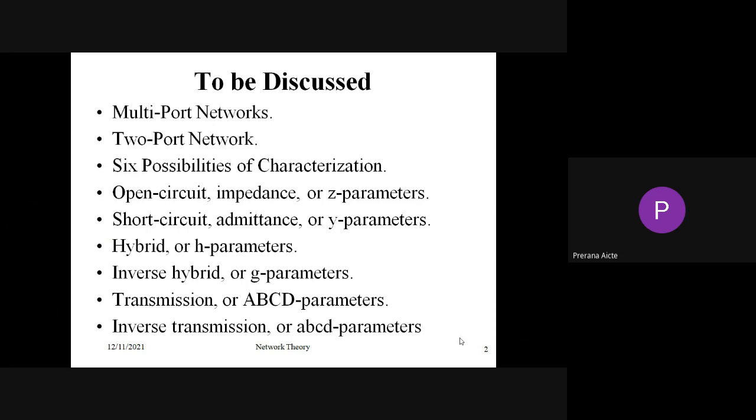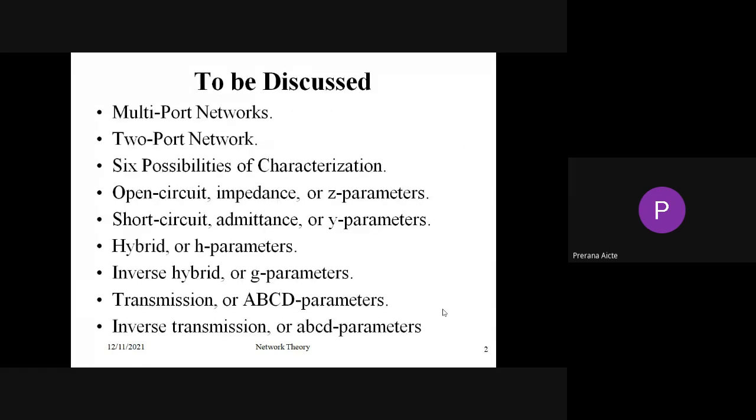So we have discussed two parameters now. Another one is hybrid or H parameters. H stands for hybrid; you can pronounce it hybrid parameters or H parameters. Another dominant parameter set is transmission or ABCD parameters.